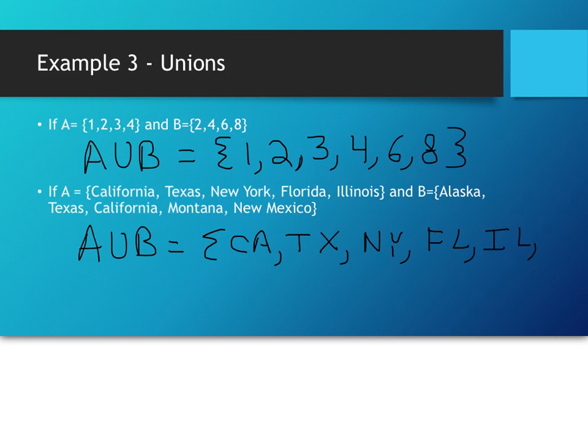I have to go down here. Alaska, Texas. Oh, we already have Texas, so we don't have to. We shouldn't have written that twice, so erase that. California, we already have.